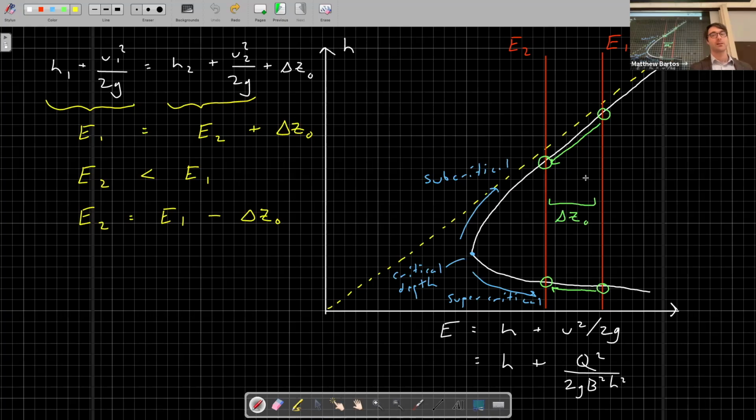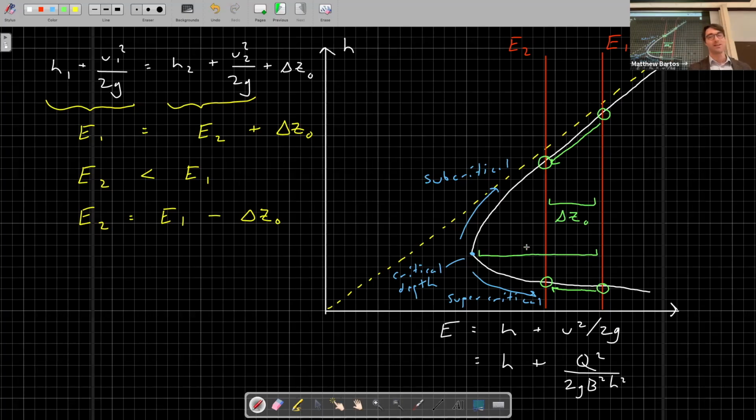So in order to end up here, the flow would have to transition through the critical depth, which means it would have to move from this point here all the way here. What would it take to get to this point?